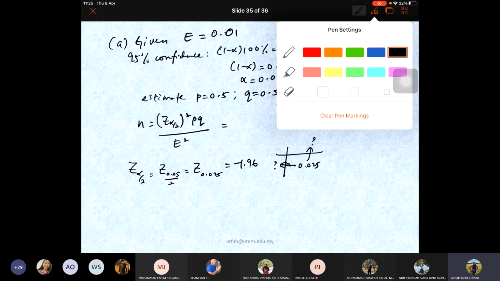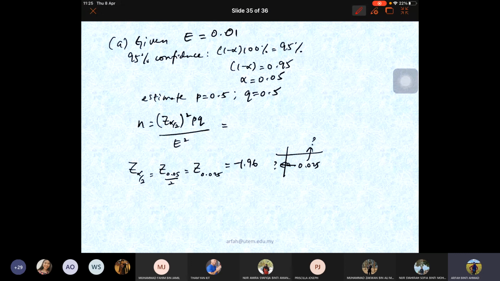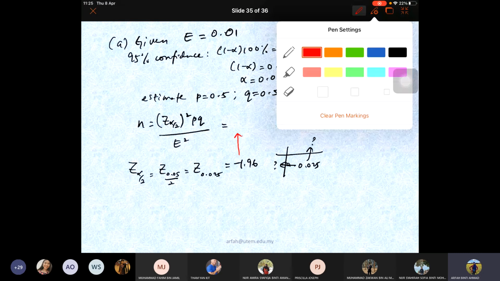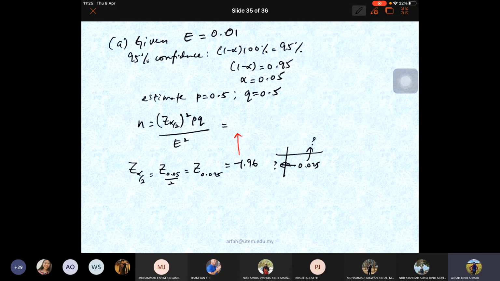So, this one gunakan 1.96 masukkan dalam ni, you will get it will be equal to negatif 1.96 kuasa 2 darab 0.5 darab 0.5 dibahagikan dengan 0.01 kuasa 2. So dapat berapa? Sample size?